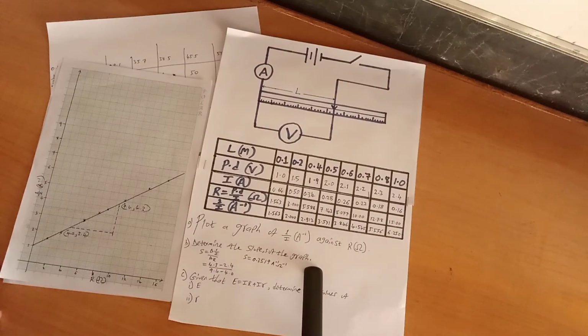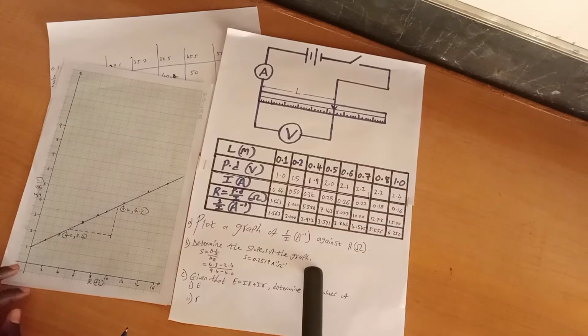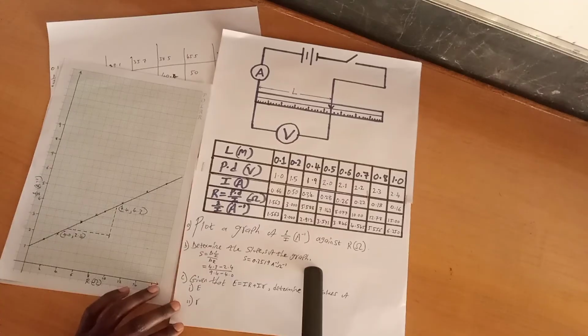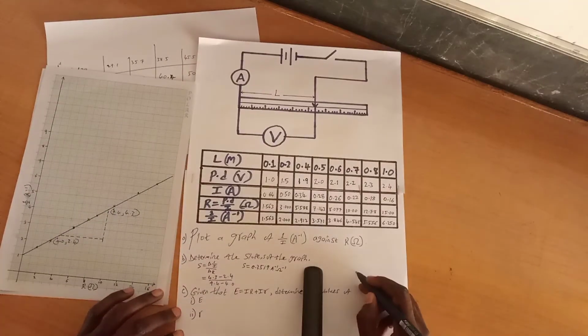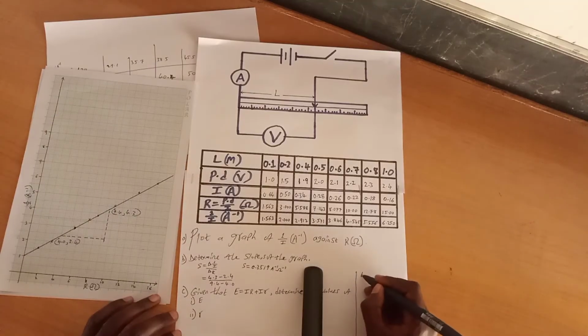And then from there, we are given this equation, and we are told to determine the internal resistance and also the EMF. First we can simplify this equation, so let's do some rough work on this side. We have E equals IR plus Ir.